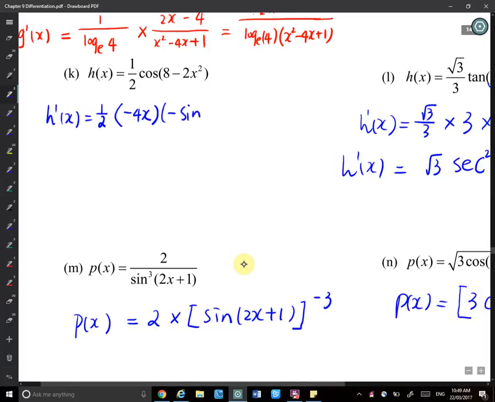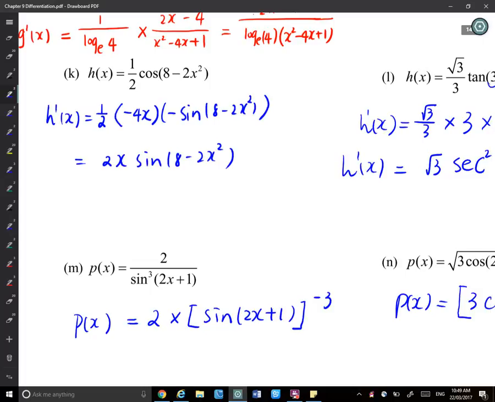So you have negative sine 8 minus 2x squared, and then that's 2x sine 8 minus 2x squared. What will tangent become after deriving? Secant squared.